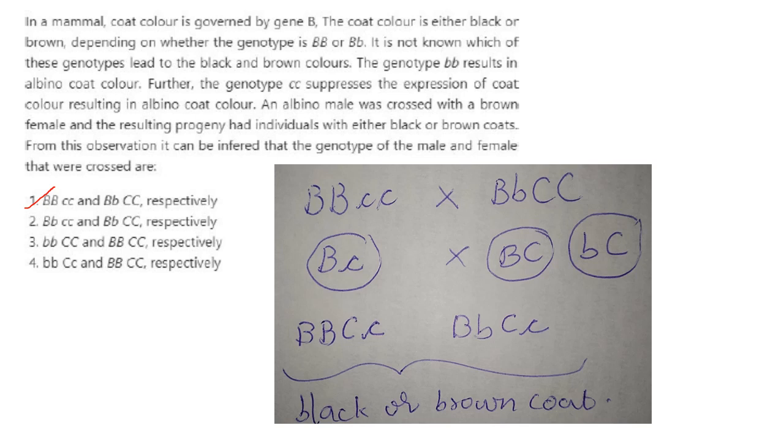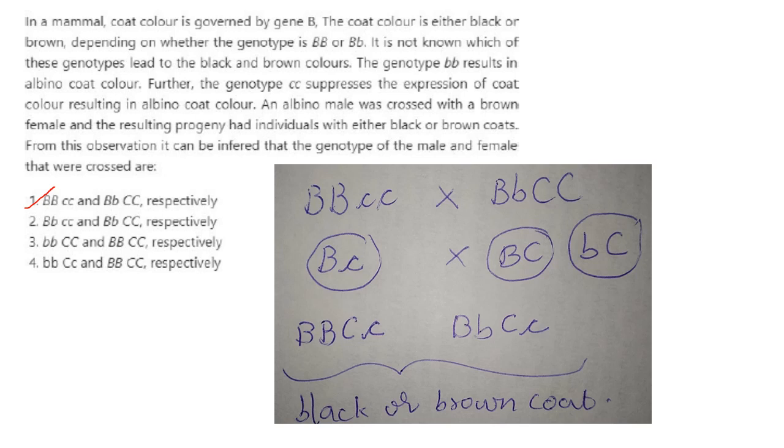The genotype small b results in albino coat color, while further the genotype small c suppresses the expression of coat color, resulting in albino coat color. An albino male was crossed with a brown female, and the resulting progeny had individuals with either black or brown coats. From this observation, it can be inferred that the genotype of the male and the female that are crossed is.